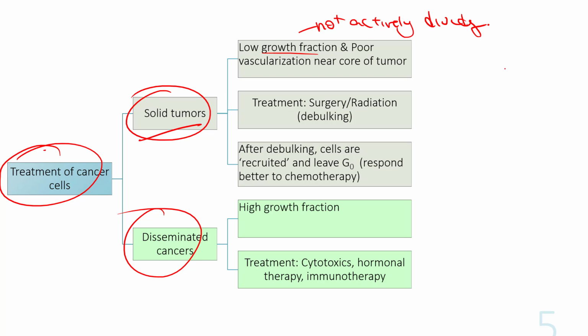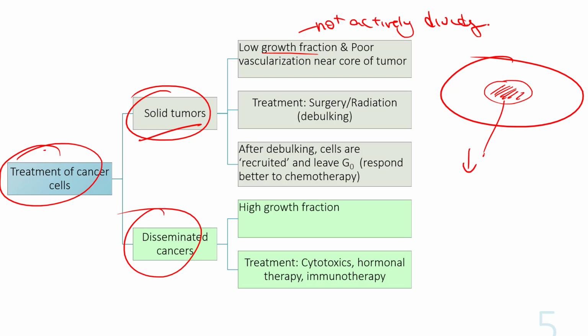And what happens in solid tumors is, if you have a tumor that size, as it gets to the core, there are fewer blood vessels there. And so most chemotherapeutic drugs have to somehow enter the systemic circulation. And if you have fewer blood vessels, it means there's less blood supply.